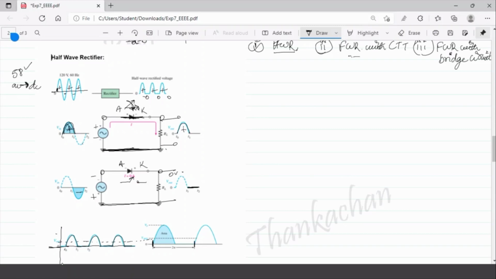So what is this total time period? If this is 0, this is 360 degrees or 2 pi, and this is 180 degrees or pi. So the total time period here is 360 degrees or 2 pi radians.